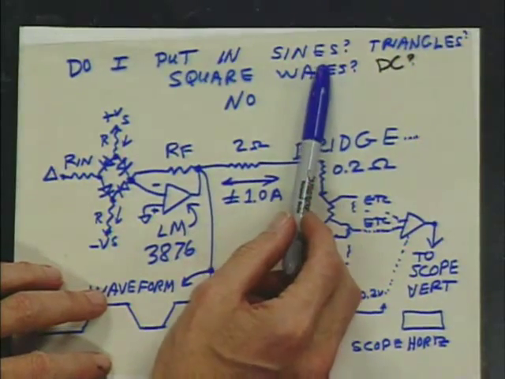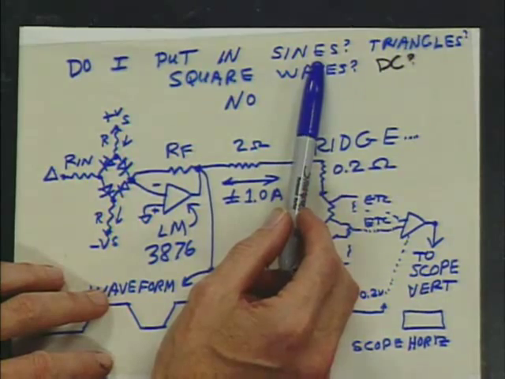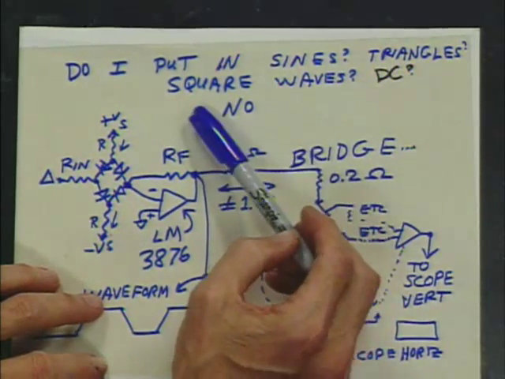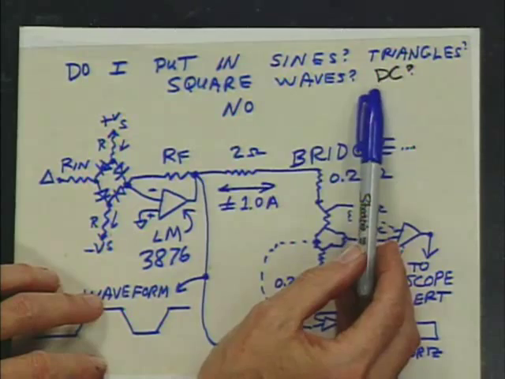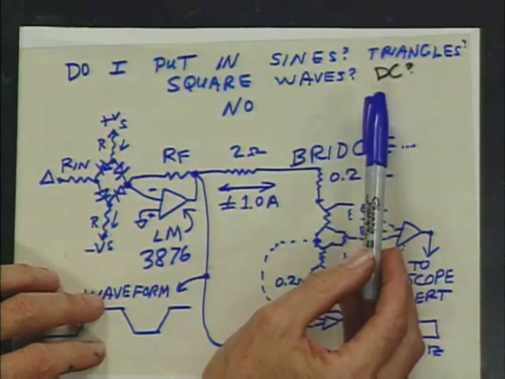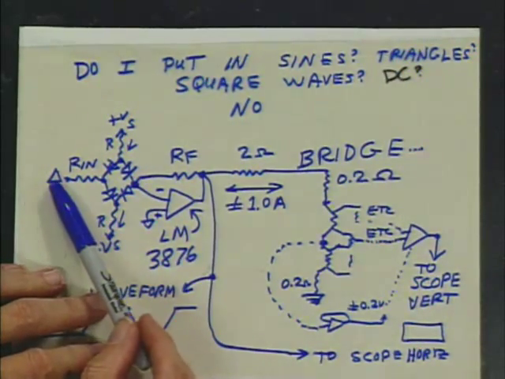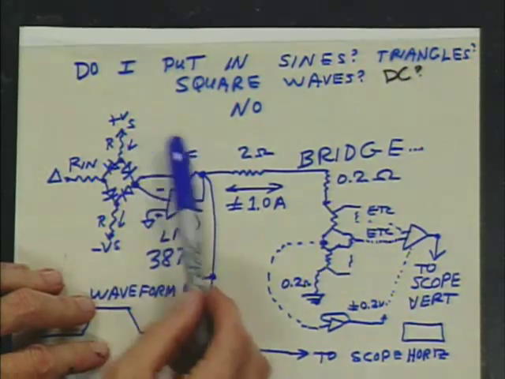Now, at this point, we also say, got any questions? Guys, before we ask any questions, we'll say, do I put in sine waves? This is how you excite the bridge. How do I run the bridge? Triangle waves? No. Square waves? No. DC? Well, we can also run DC, because we can pull this to the plus rail and we have DC running.